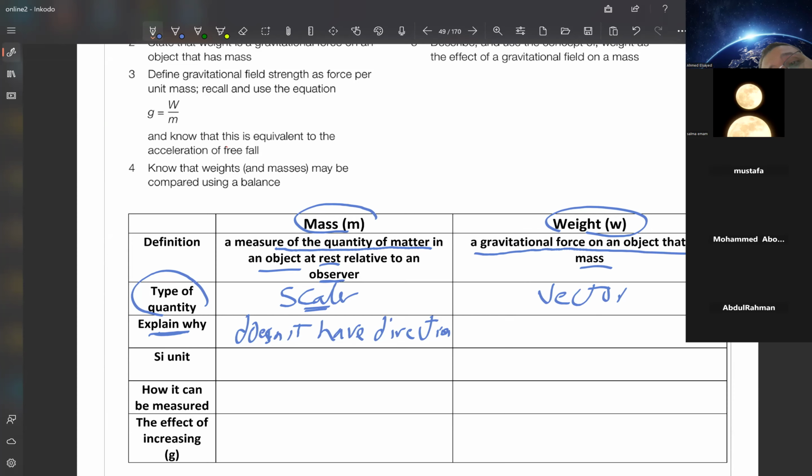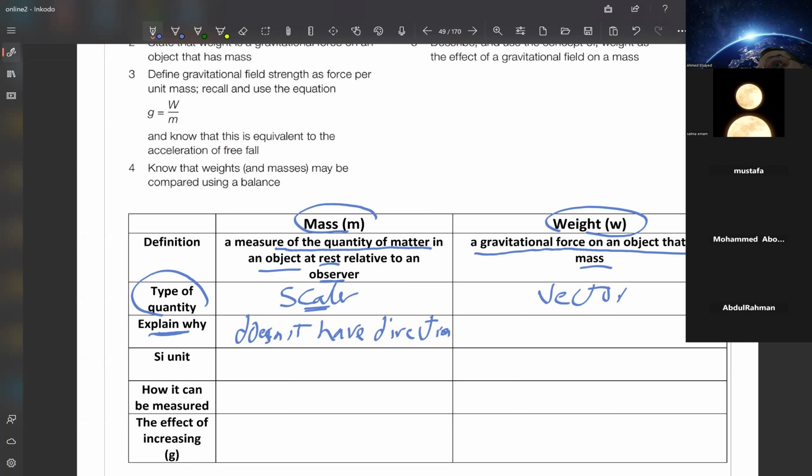Muhammad, the mass is fixed. I said the mass is the same. There is no change in mass. But sometimes, okay, we cannot consider the mass constant if the object is moving with a high speed, for example. But we don't study high speed objects. So in IGCSE, mass is constant.